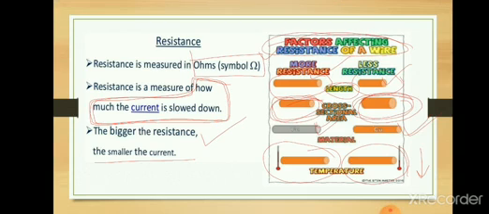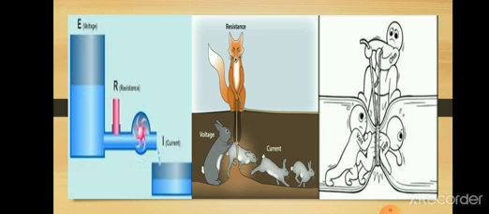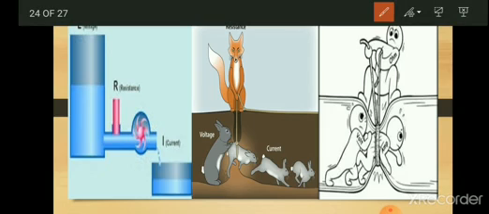Student, I will increase your understanding level by explaining these three terms with the help of this cartoon. Here in this picture, the rabbit and the baby rabbits are moving in this hole. This movement is called current or electric current.